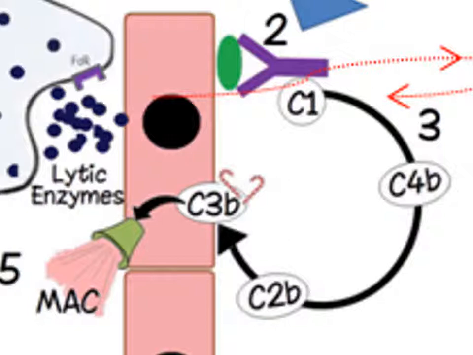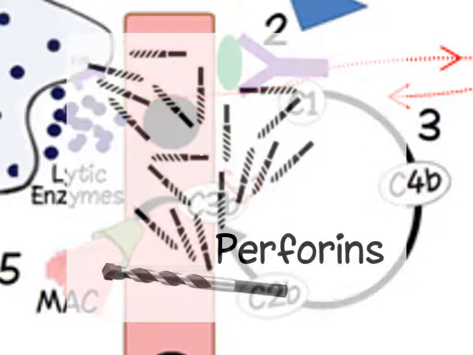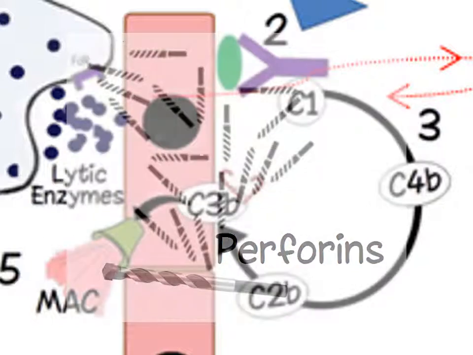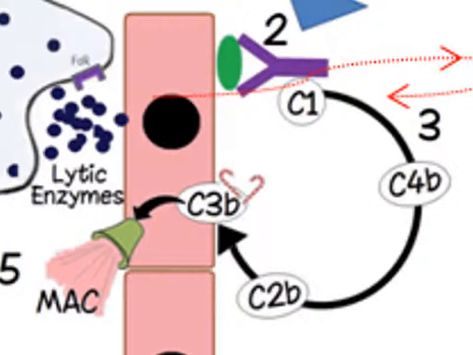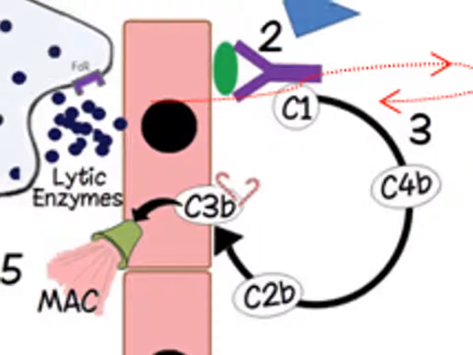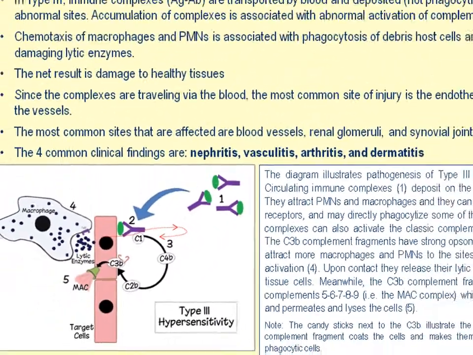Activation of the MAC complex causes release of perforins, and these perforins will permeate and lyse the target tissues. I want you to note that in this diagram, the candy sticks next to C3b illustrate the concept that this complement fragment coats the tissues and cells and makes them attractive to the phagocytic cells.